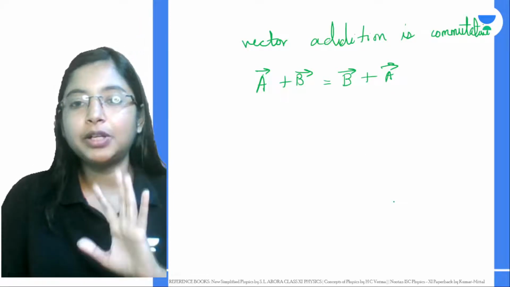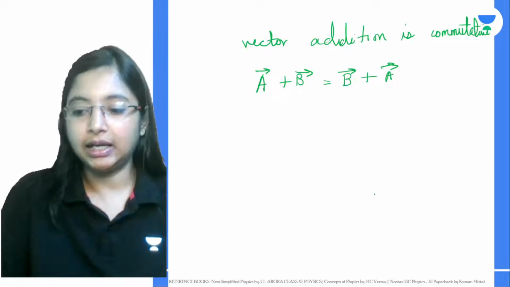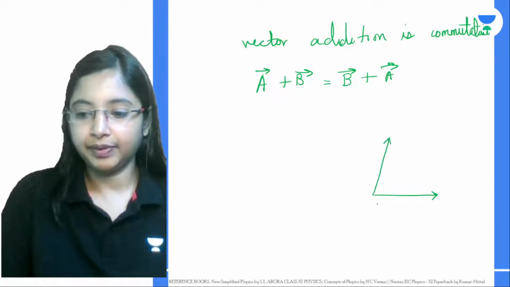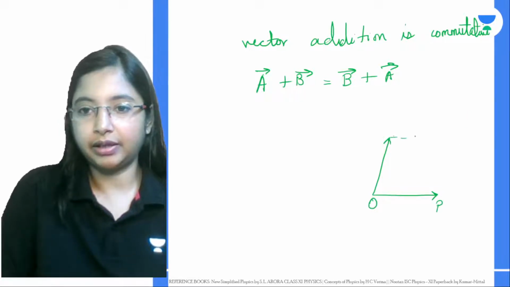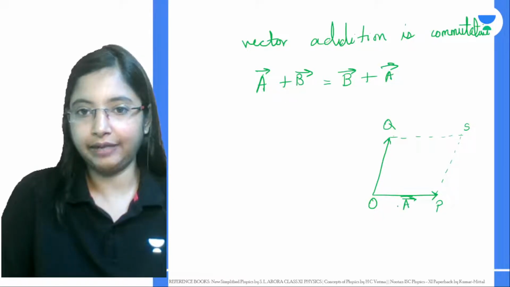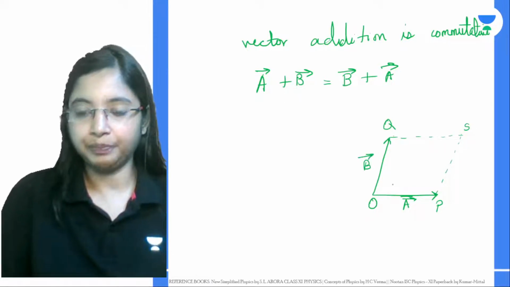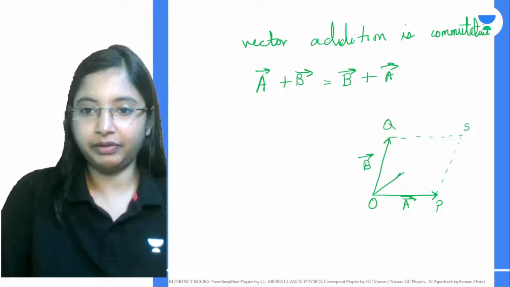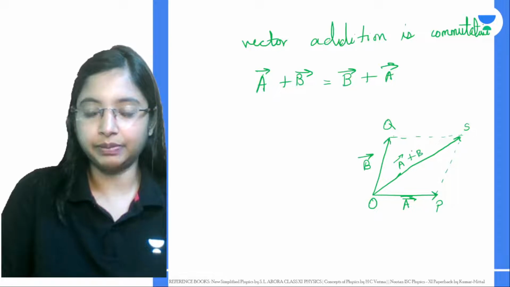You can understand it using the parallelogram law of vectors. Let's say there are two vectors, with O, P, S and Q forming a parallelogram. OP is given by A vector, and OQ is given by B vector. The resultant of these two will be OS, which gives you A vector plus B vector.